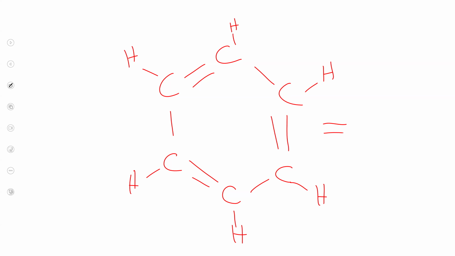The skeletal structure basically just replaces all the carbons with just a line. Anytime you see 2 lines coming together, that's a carbon. But you still put your H's on, right? No, not in a skeletal structure. You assume that they're there.